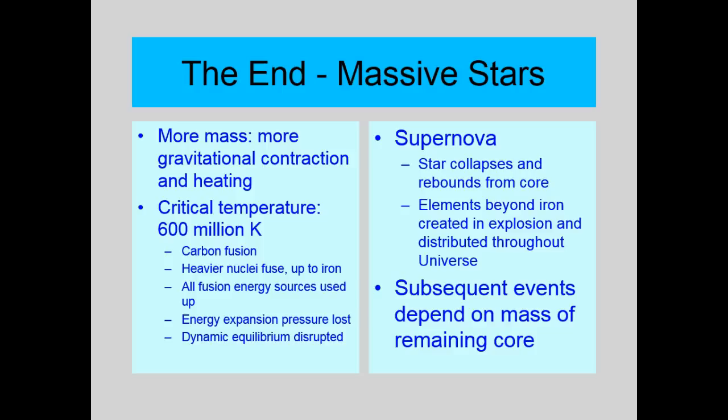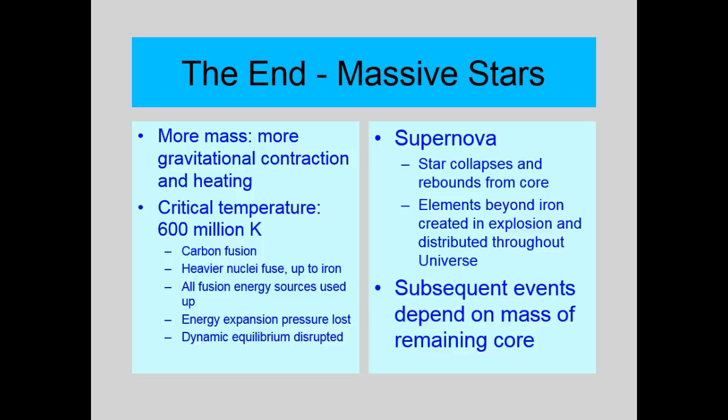This is in the big stars anyway, when you get up to 600 million K temperature in that gravitational collapse. Now, after you reach iron, all the fusion energy sources are used up, because beyond iron, it goes in a different direction. So iron is about what you get.